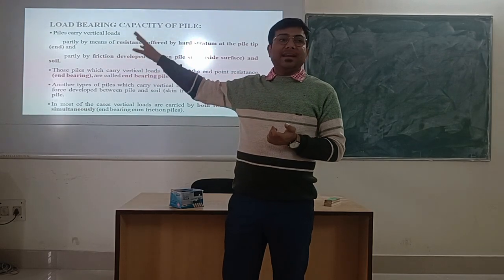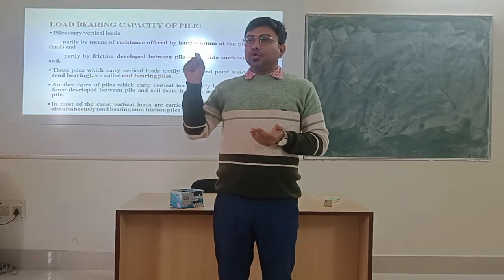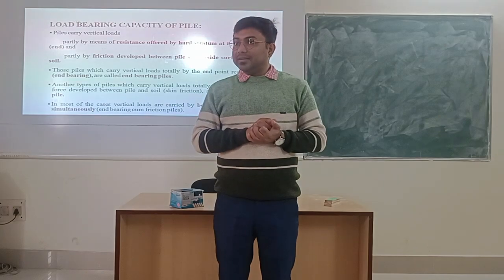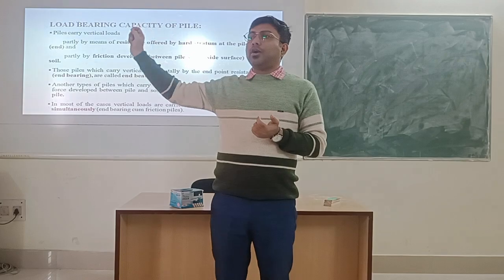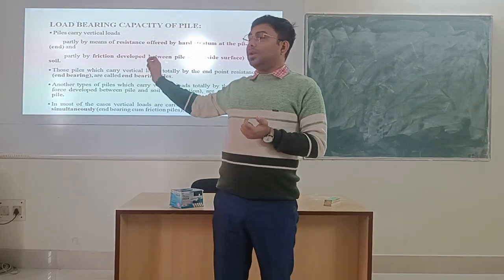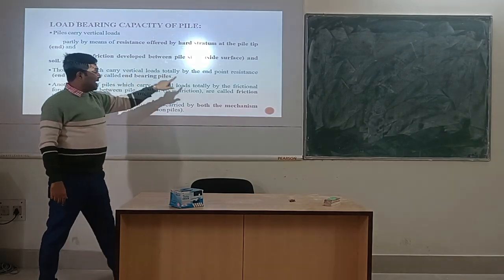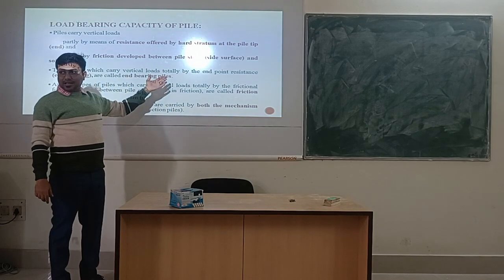That means in each and every case of pile foundation, these two mechanisms will work simultaneously. Is that clear? That means maybe 0.1% of the load will be carried by end bearing and 99.9% of the load by the friction mechanism, or vice versa.